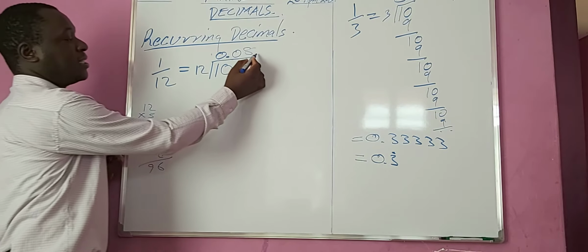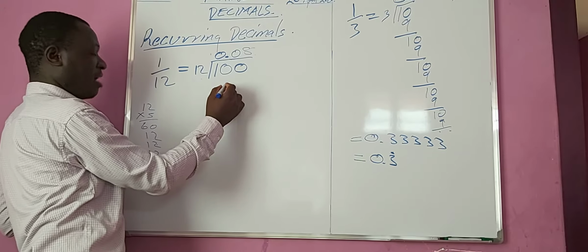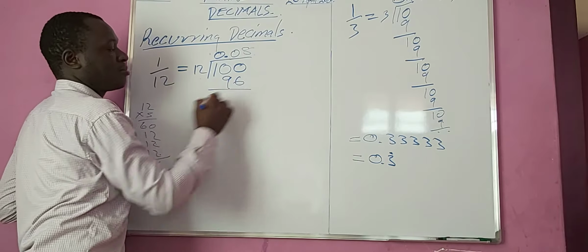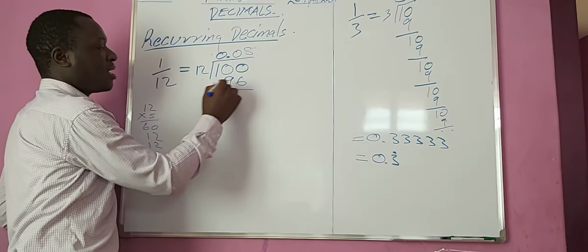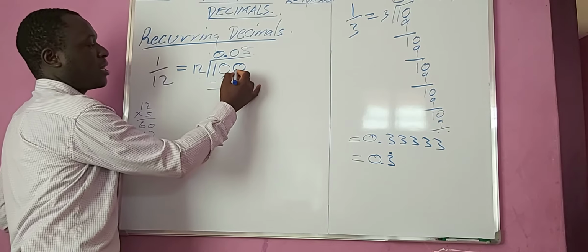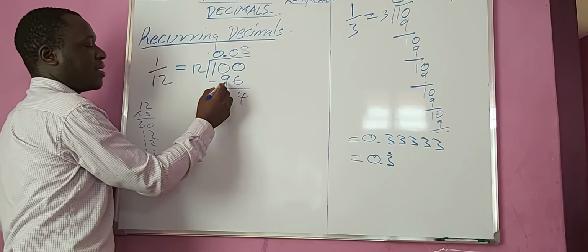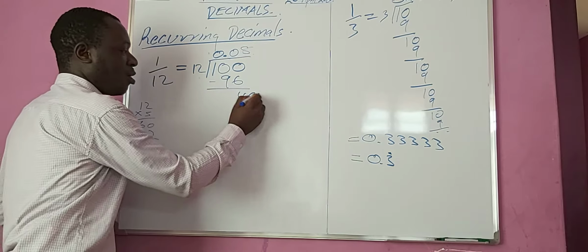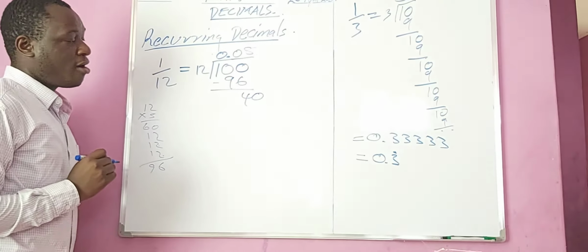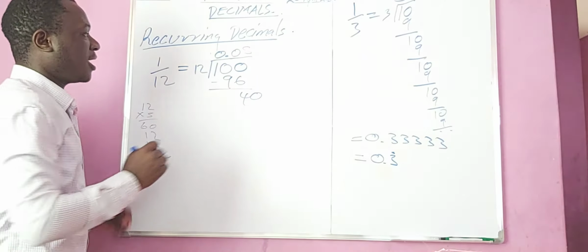So 8 times 12, you'll have 96. When you subtract, 0 take away that, you borrow, bring the 10, 10 take away 6 is 4. We remain here with the 9, 9 take away 9 is 0. Add 0 on 4. 4 divided by 12 is 3.